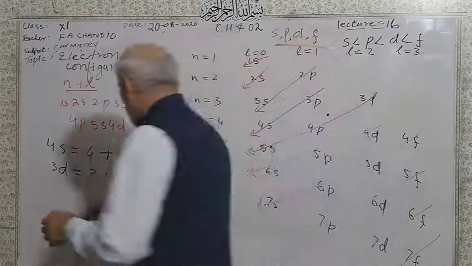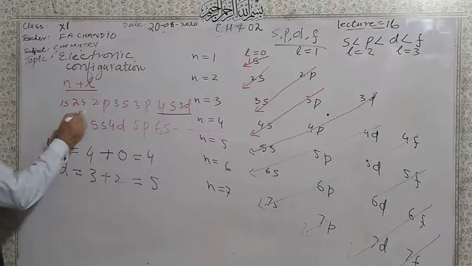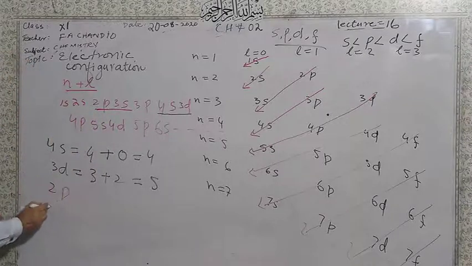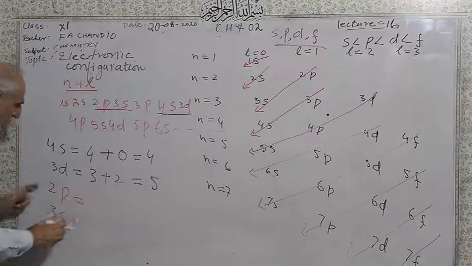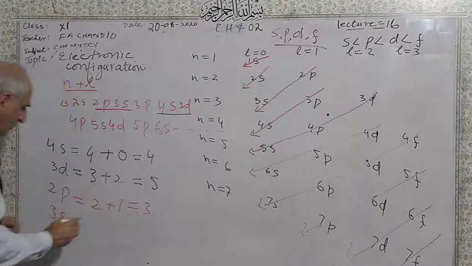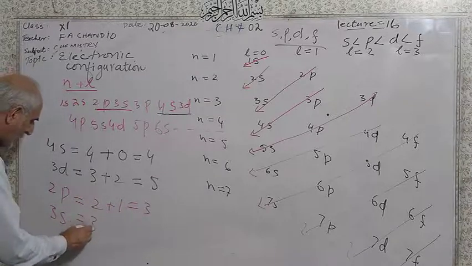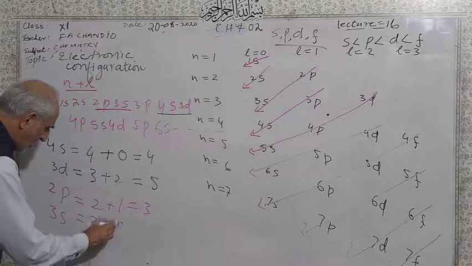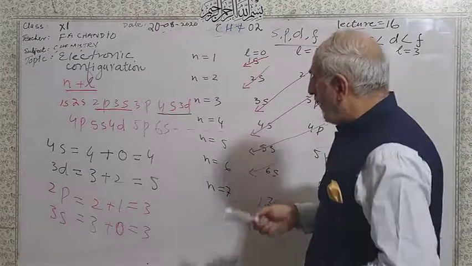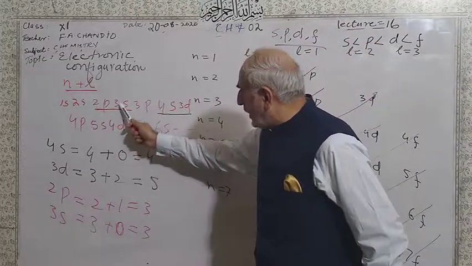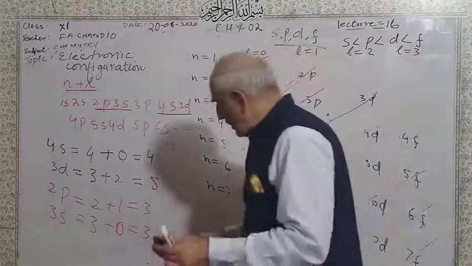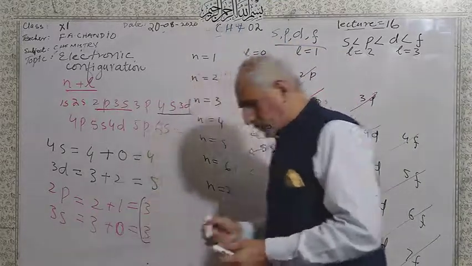There's one point, then I stop. If you see the 2p and 3s, okay. 2p, l is 1, so 2 plus 1 is 3. 3s, 3 plus 0, s is 0, so you will get 3 again. Now when I am explaining 2p and 3s using this formula, students, you are getting the same answer.